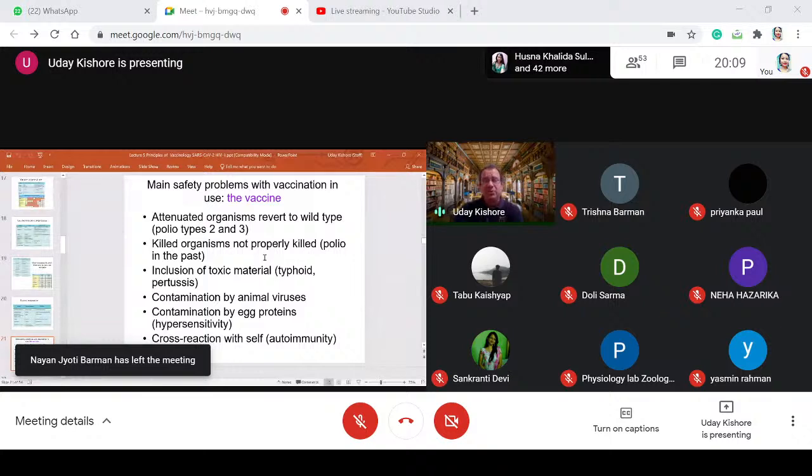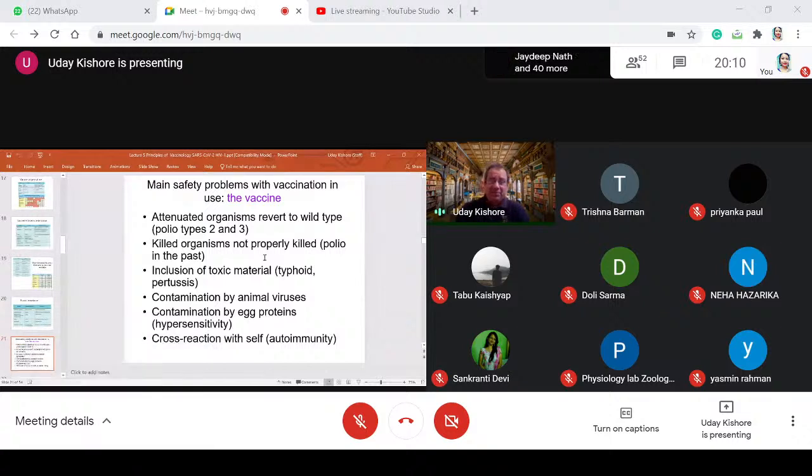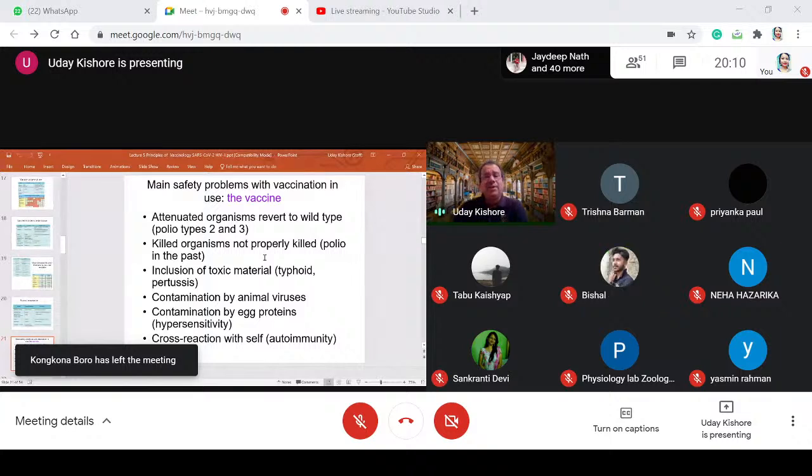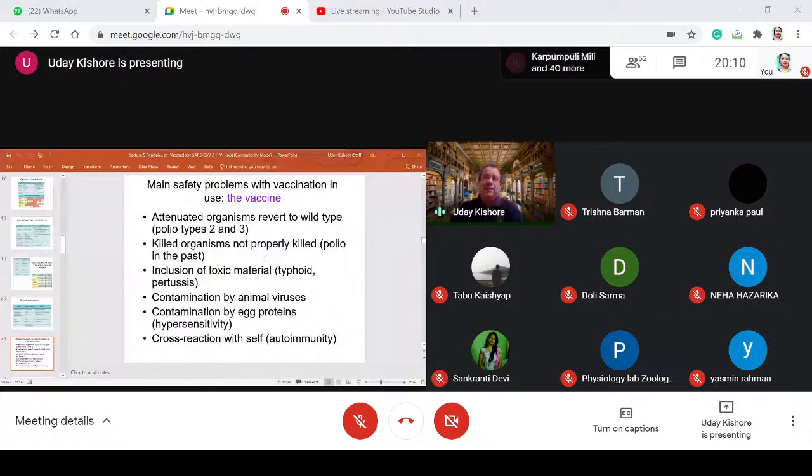You may be hearing a lot of stories about one person having this kind of immune response, and another person having very high fever, another person having tremors, etc. These are very rare occasions because different people have different ways of coping with a heightened immune response. So these are more exceptions than common events. When people used to attenuate them through animal cells, the animals themselves provided sources of animal viruses, and there were those contaminations 20, 30 years ago.